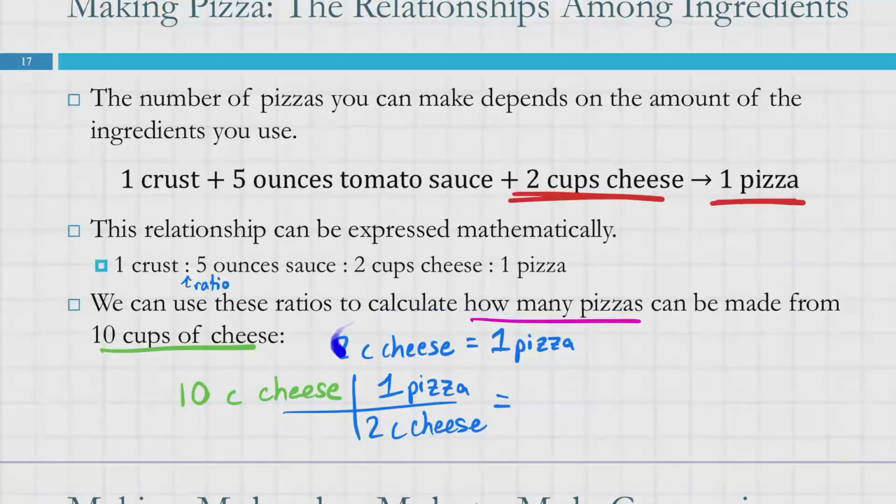We're using this as our conversion factor. We want to go to pizza, so the pizza part's on top, and the 2 cups of cheese is on the bottom. That'll get the cheese to cancel. So cups of cheese cancel. The calculation we're doing is 10 divided by 2. That'll give us 5 pizzas.